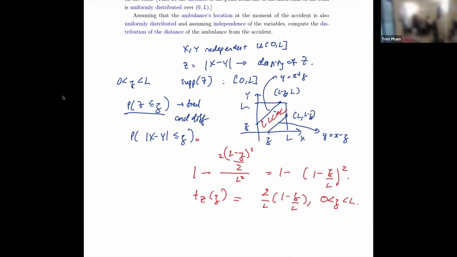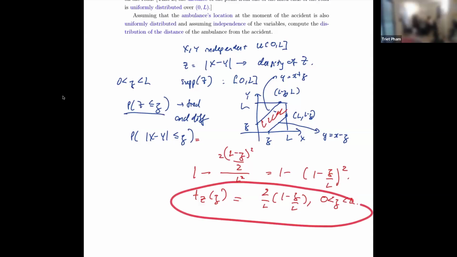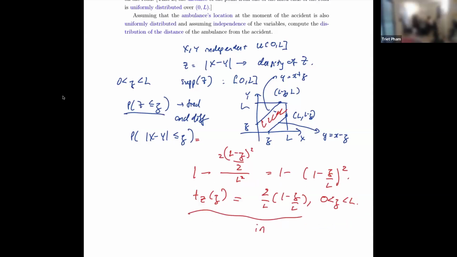Is there anything we can read from the density of Z that would be of interest? This is beyond the problem, but what can we say about the distribution of the distance of the ambulance to the accent location?